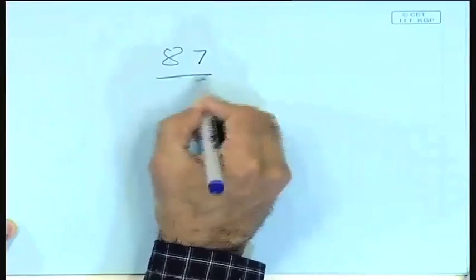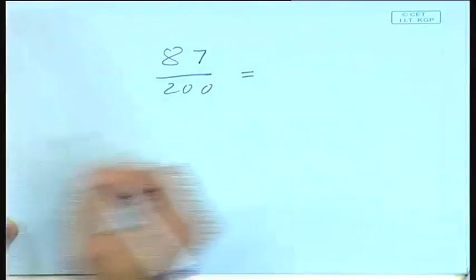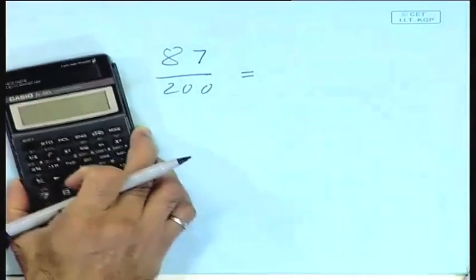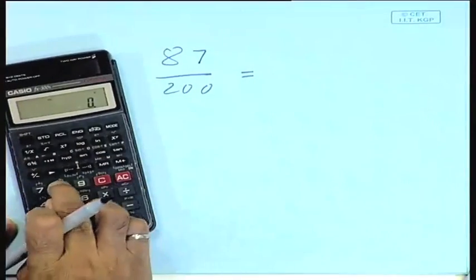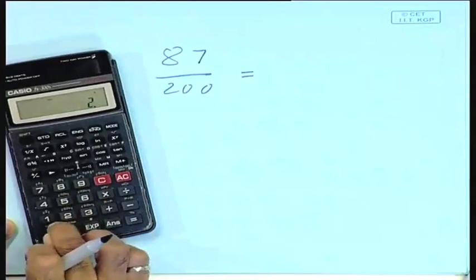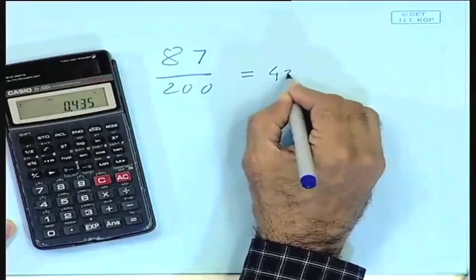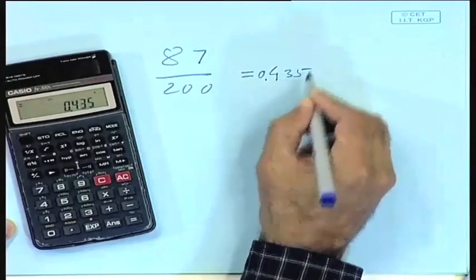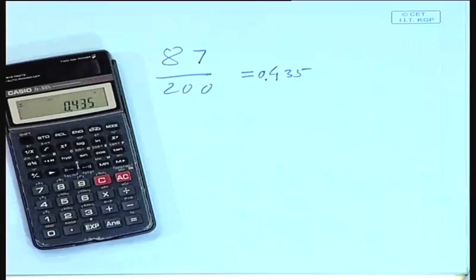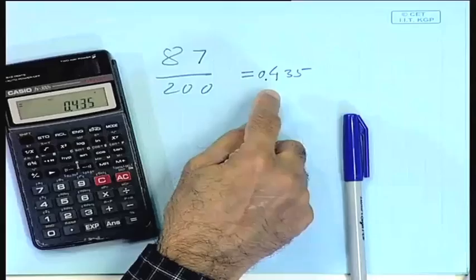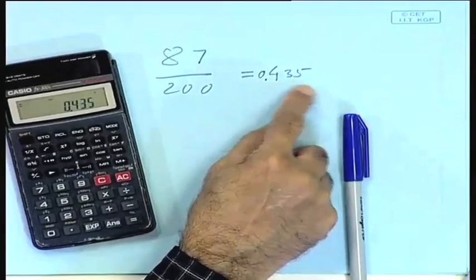Here I have got frequency: 87 divided by 200. That will turn out to be 0.435. That is the probability of a coin of the type that has this defect giving you a head. It's only 0.435. That is the probability for finding a head with a defective coin.